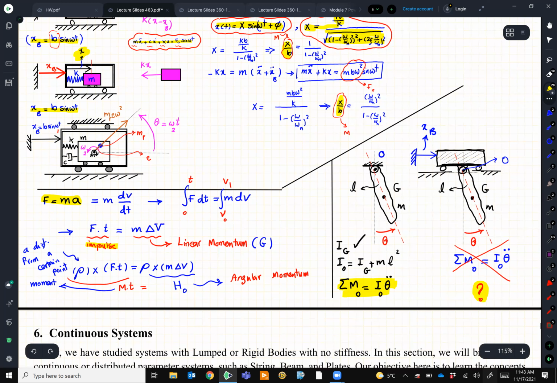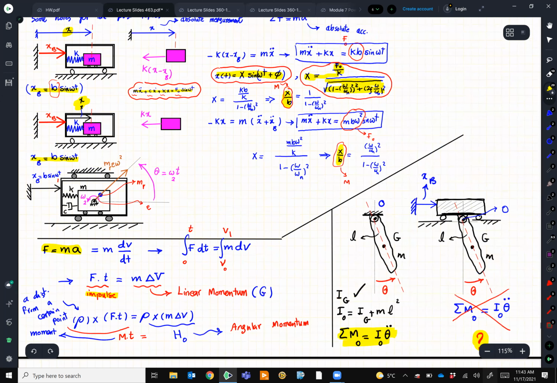When it's not fixed, what should it be? If you go back to lecture number 2, I believe, or 3, I'll explain it. Because this scenario is one of those where point O is not fixed, or the whole thing is not fixed to the ground. It's fixed to something, but that something is moving. Any question for this one? Are we good?